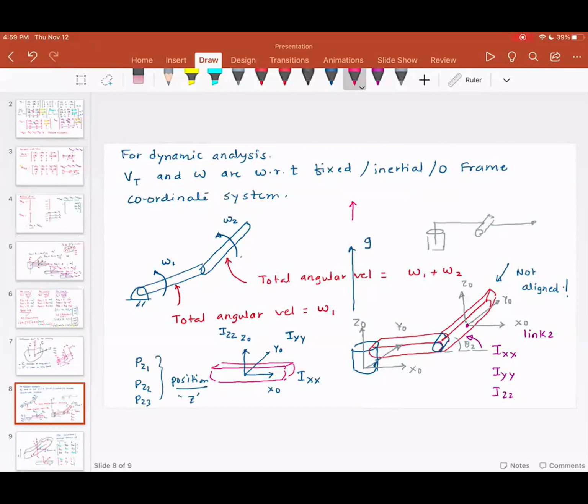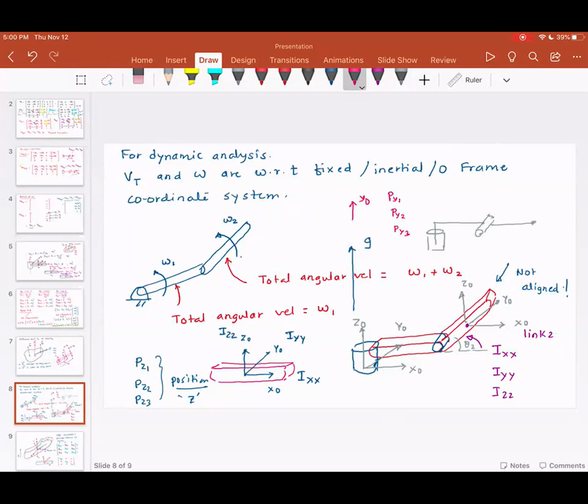For example, if y0 is oriented in the direction of gravity, then to find the potential energy you should look at PY1, PY2, and PY3. Any questions here? Please keep these ideas in mind when you work out the problem.